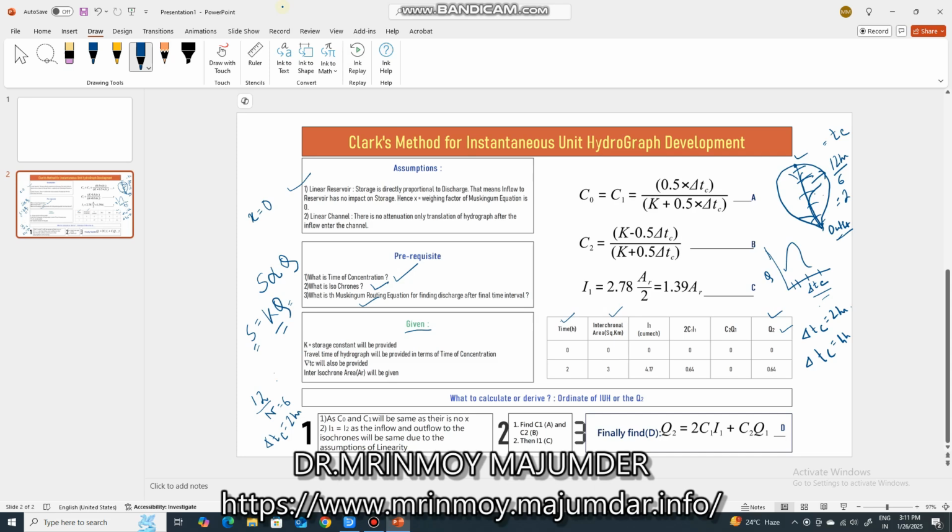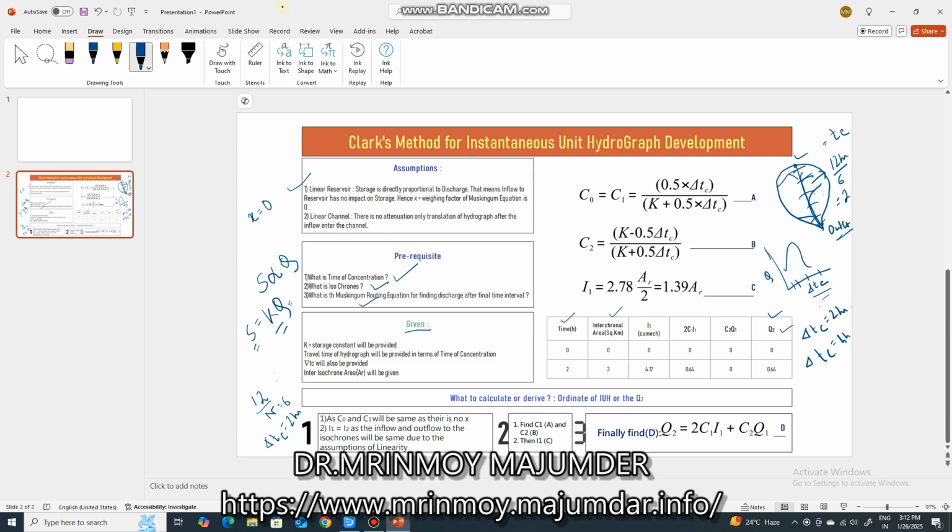question or the numerical will also need to provide you with the inter-isochronal area. You see here from 0 to 2, so whatever isochronal area, as I have said, the line joining the points which have the same time of concentration.